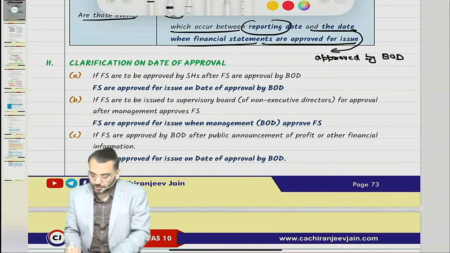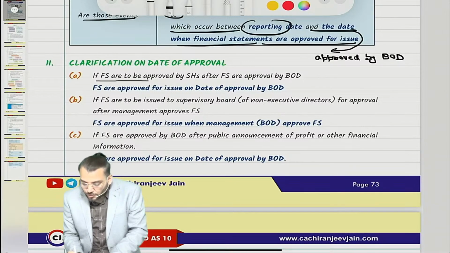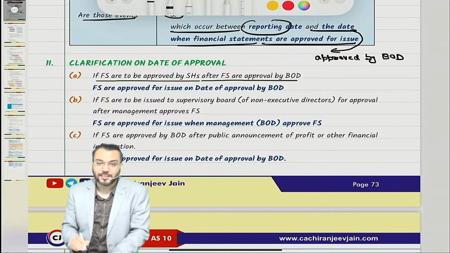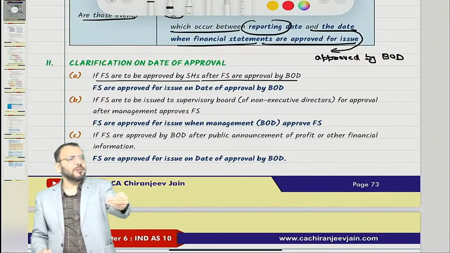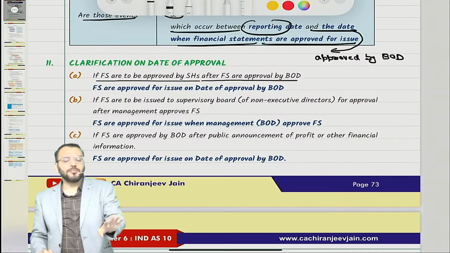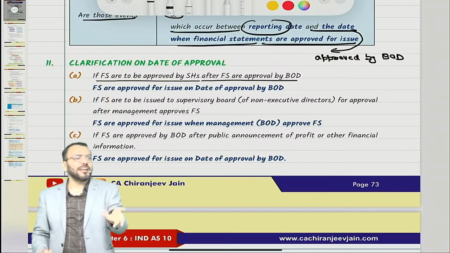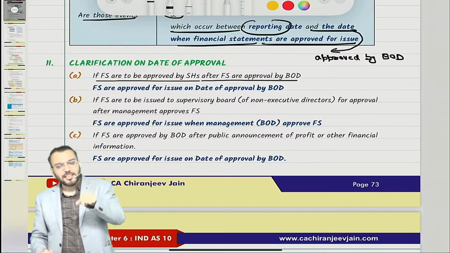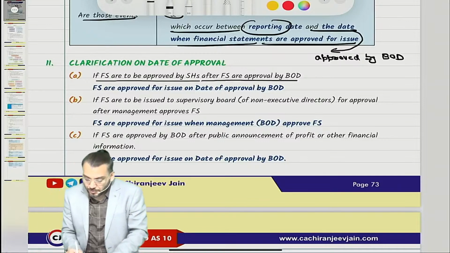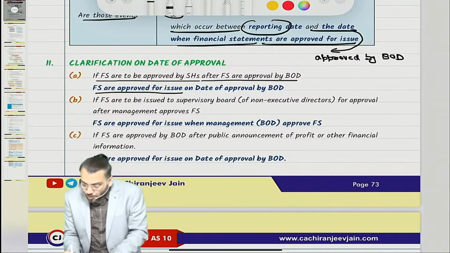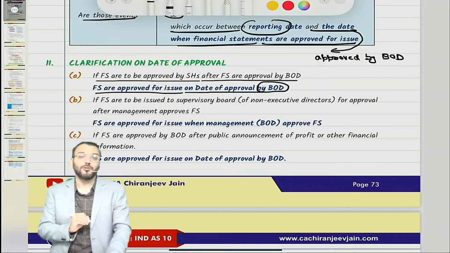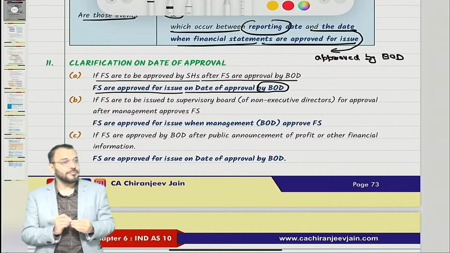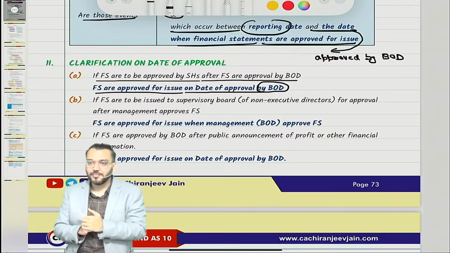If the financial statements are to be approved by shareholders after being approved by the board of directors, of course once it is approved by the board of directors, it also requires approval of shareholders. But they have given a clarification: the date of approval by shareholders is not relevant. The date of approval by management is relevant. So financial statements are approved for issue on the date of approval by the board of directors. Correct? First clarification understood.